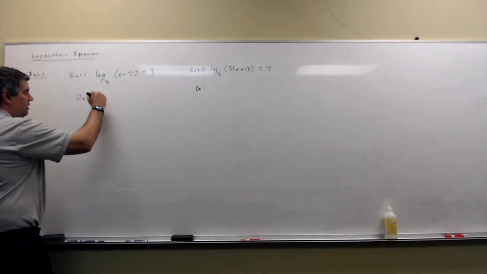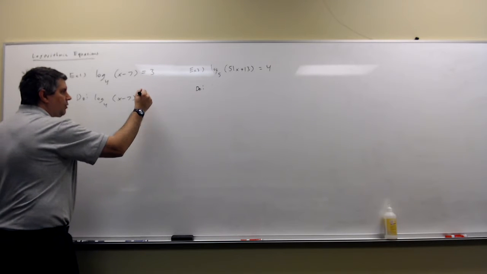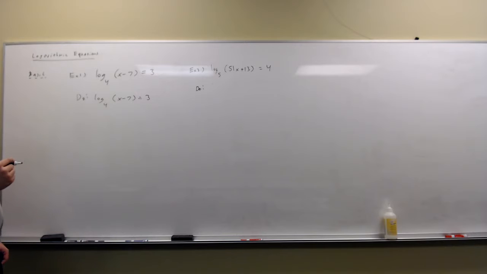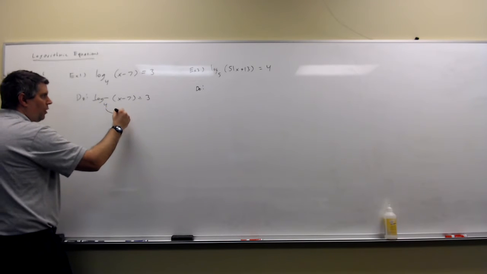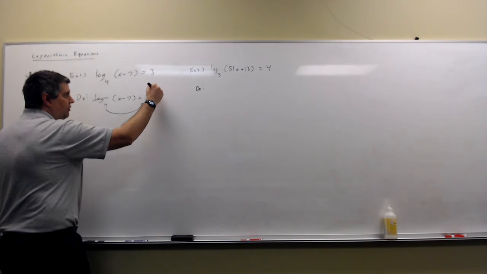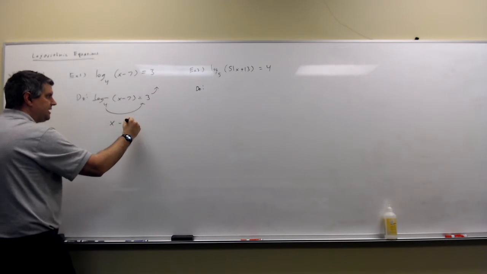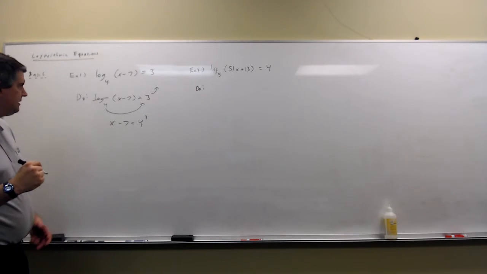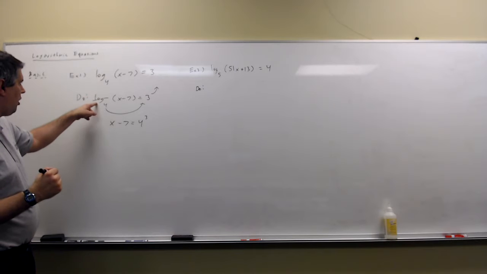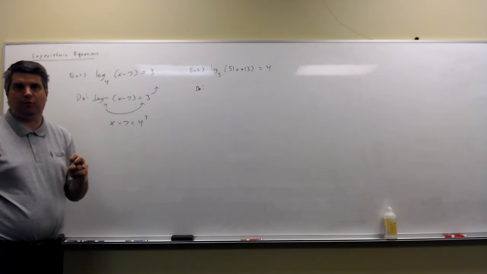I'll go ahead and copy the first equation. So you dump the log, the base 4 goes to the other side, and the 3 will become an exponent. So we end up with x minus 7 equals 4 cubed. Teacher's figure of speech: we dump the log, the base 4 goes to the other side, the 3 jumps up to make room for it.